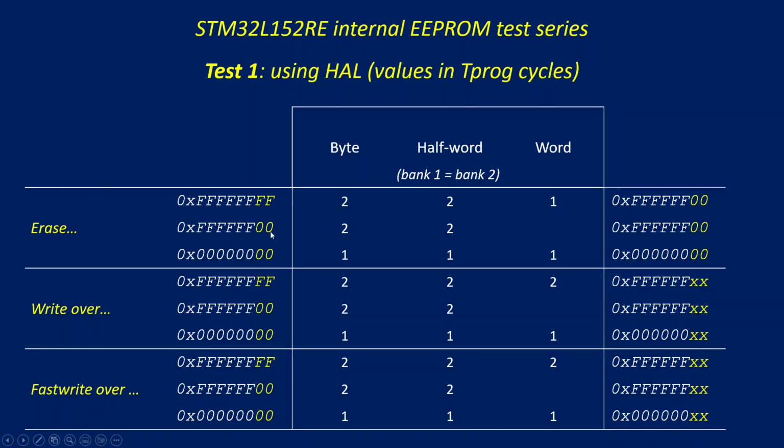So asking to erase just a byte, FLITF will perform two operations: a word erase and a write back of the bytes in the word not involved by erasing. So it seems clear the reason for these timings, while it is not clear why bank 1 and bank 2 need the same timings.